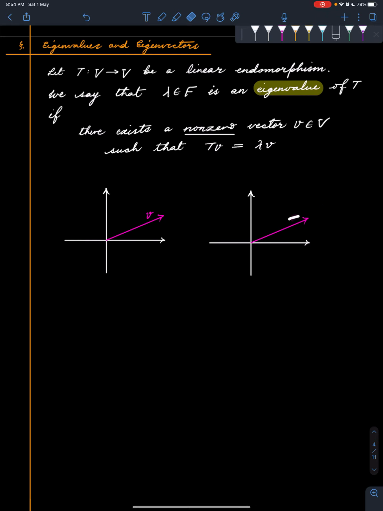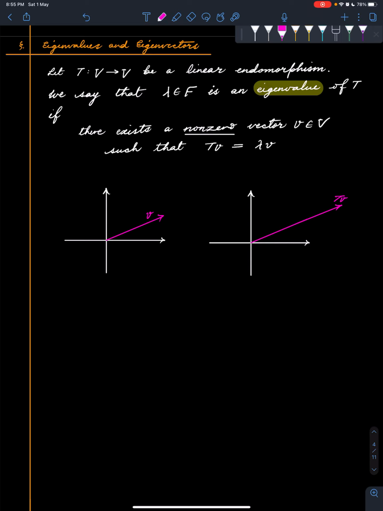Suppose we find that after we hit this vector by T, we obtain possibly a longer or shorter vector, but it's in the same line as V, meaning it's in the same one-dimensional linear subspace that is spanned by V.